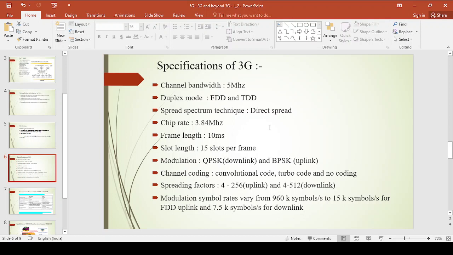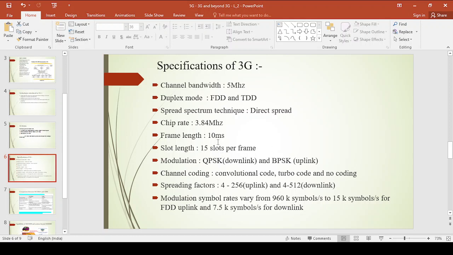If you consider a channel, the channel is divided into 10 millisecond frames, each of which has 15 time slots.